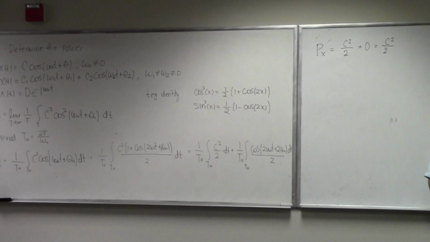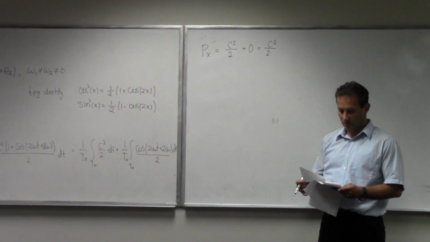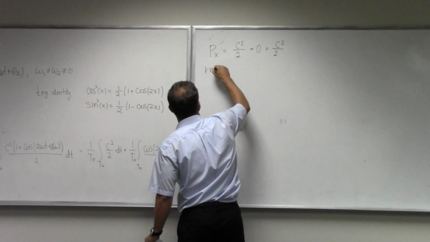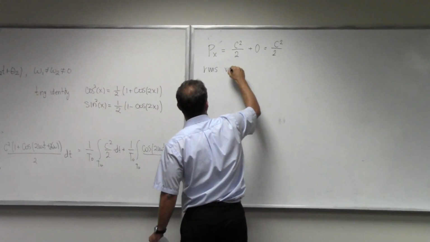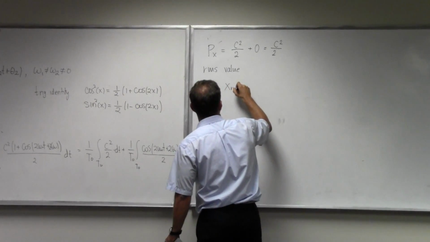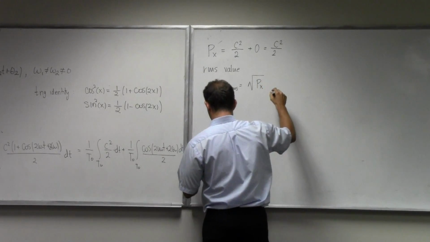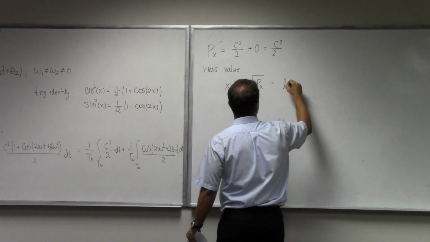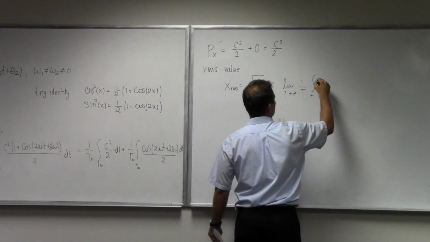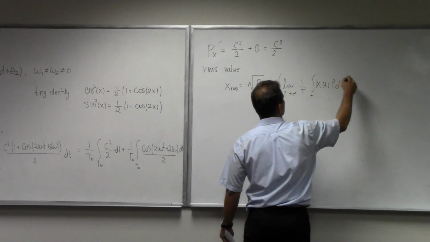We have seen this result maybe in circuit theory, way earlier in our schooling. Let me define something here. Frequently, we define the RMS value of a signal: x RMS is the square root of the power. So you would define it as the limit when t goes to infinity of 1 over t, integral over t, magnitude of x of t squared dt, and then take the square root.